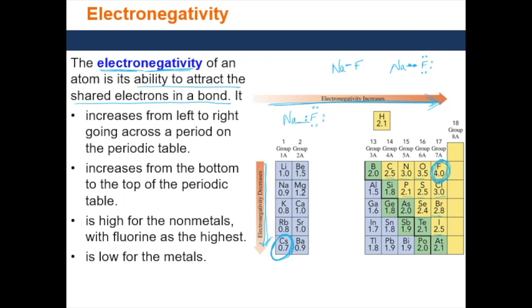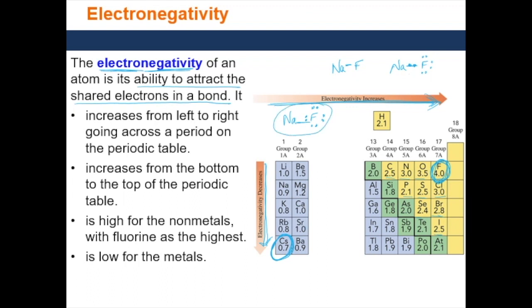Sodium has not lost its electron, but fluorine, because it is so electronegative, loves to have electrons next to it. So it is going to pull these electrons from the middle towards itself, and that is called electronegativity.